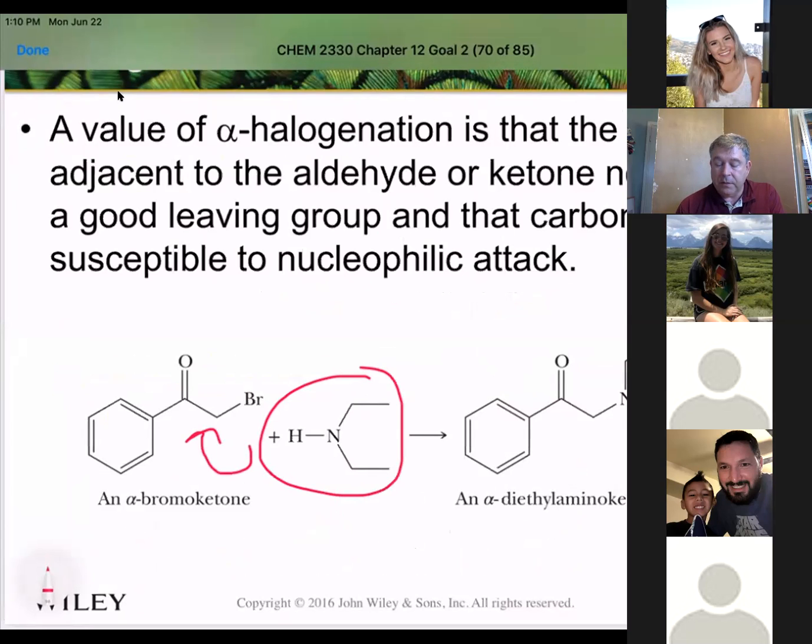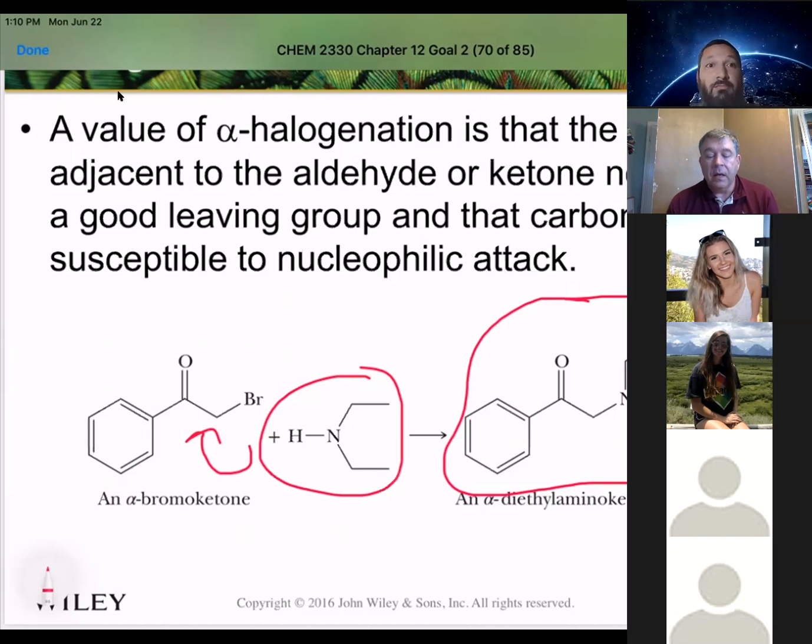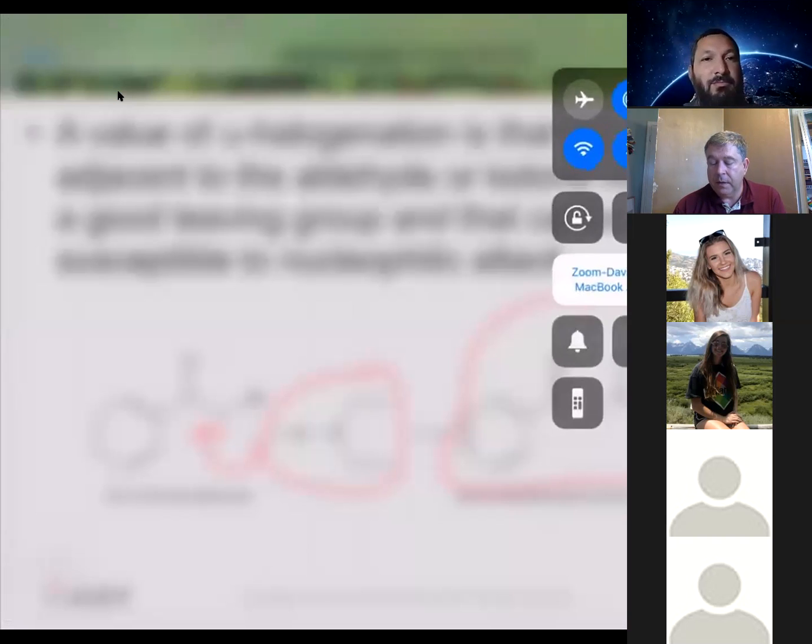So we can generate new compounds through the standard SN2 attack that we learned early on with our halogenated compounds, which we couldn't do unless we were taking advantage of this enol-keto tautomerism.